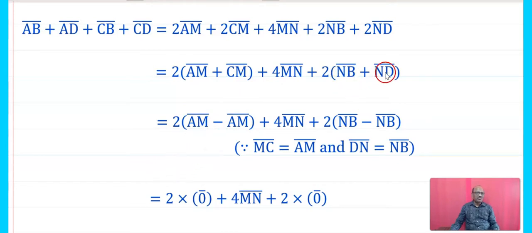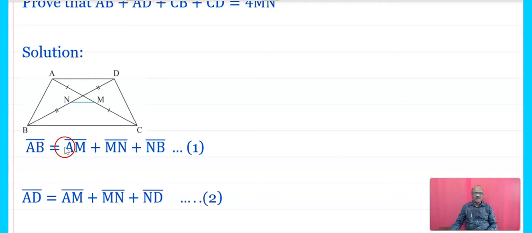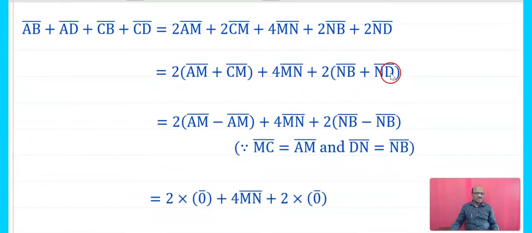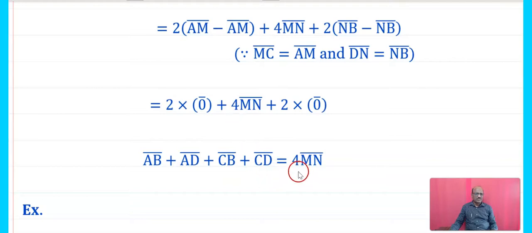Next is NB plus ND; instead of ND we write minus NB, and NB minus NB again becomes 0. Therefore 2 into 0 bar plus 4 times MN bar plus 2 times 0 bar, and hence AB bar plus AD bar plus CB bar plus CD bar is equal to 4 times MN bar.